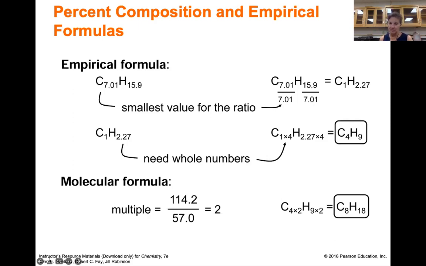So 114.2 divided by 57.0 gives us a 2, and therefore the true molecular formula is twice the empirical formula. So that means it's C8H18. So that's actually, if you looked at a molecule of this compound, it has 8 carbons hooked together somehow and 18 hydrogens attached.